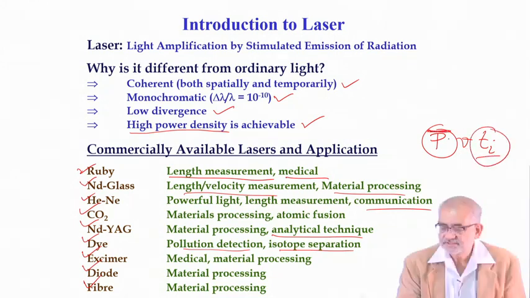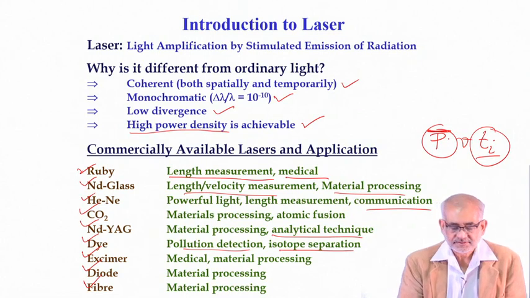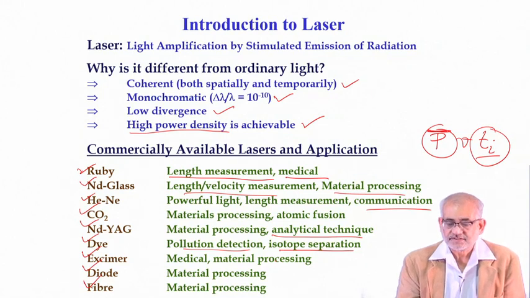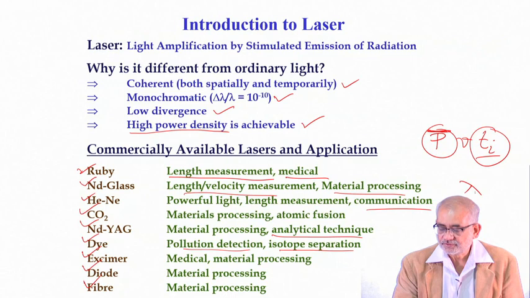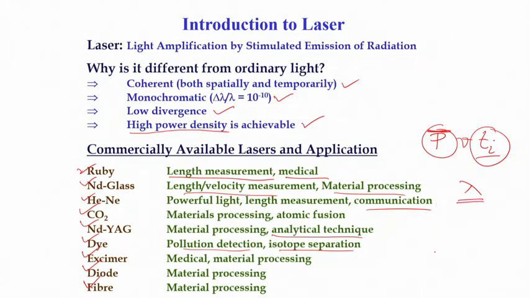These are the two most important parameters, and they will determine what kind of laser we choose for the given application we have in mind. We also certainly worry about the wavelength because the wavelength determines what level of absorption can happen. So these are from the laser side.